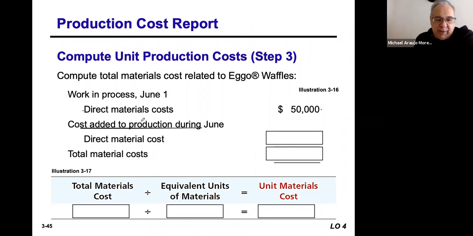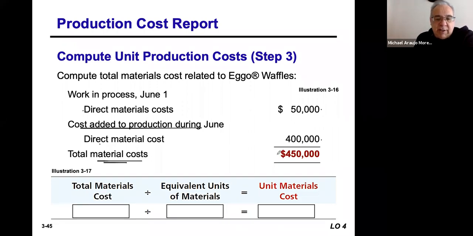So you go back and look at that slide as well, and you notice that the direct material costs that have been used through June were 400,000. So total material costs in June are the 50,000 that they began with and the 400,000 that they incurred while producing more. So 450,000 are the costs.